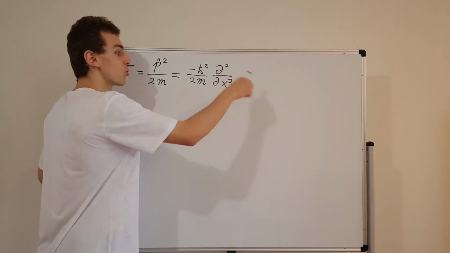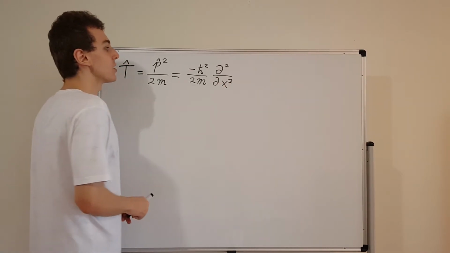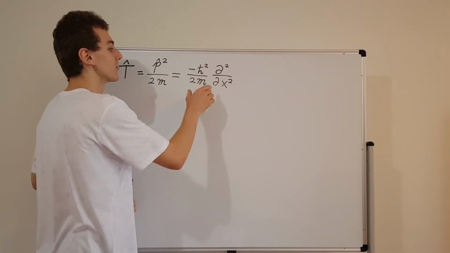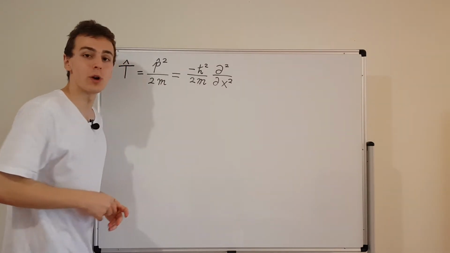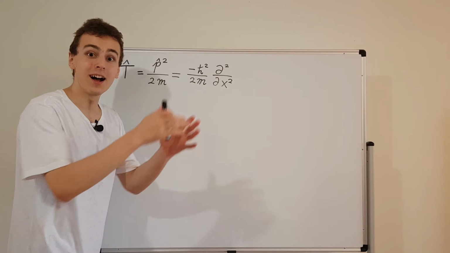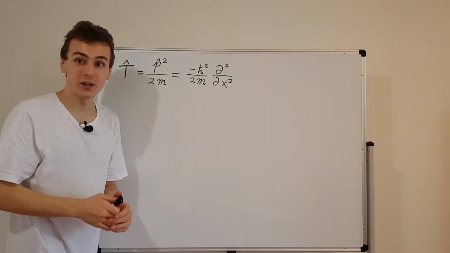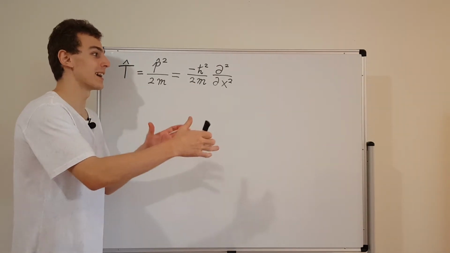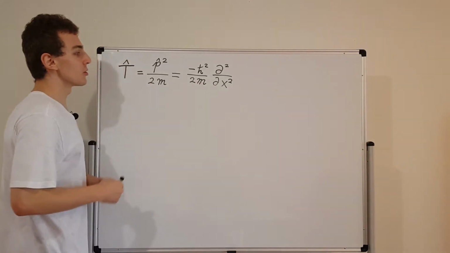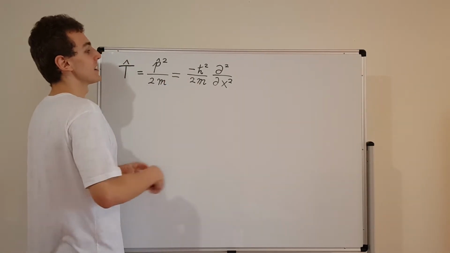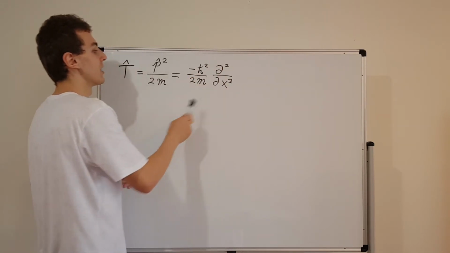So we're differentiating twice with respect to x, and we have this ensemble of constants out the front. So this minus sign came from squaring i, right? The i in the denominator was squared, or you could think of it as minus i also being squared. That's also going to give you minus 1. So this over here is the definition of the kinetic energy operator.